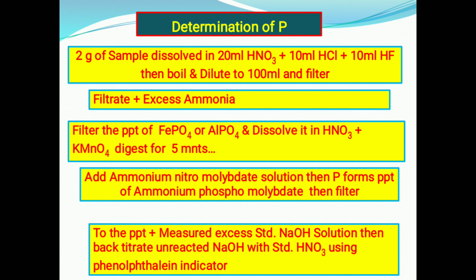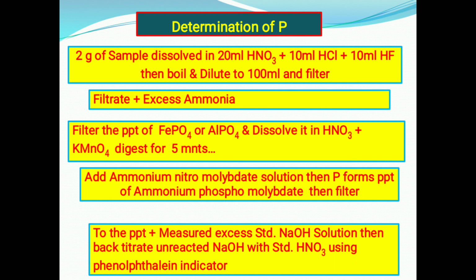Then back titrate the unreacted NaOH with standard HNO3 using phenolphthalein indicator. Why? Because this is an acid-base titration, so we can use the phenolphthalein indicator. With this we can determine the phosphorus, with the calculation the same as in the remaining determinations.